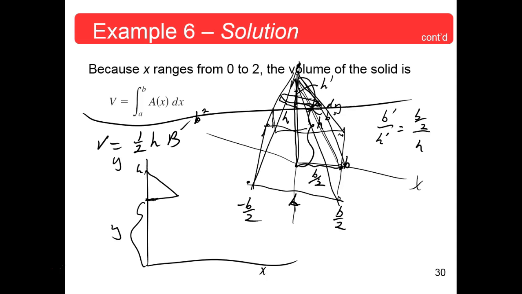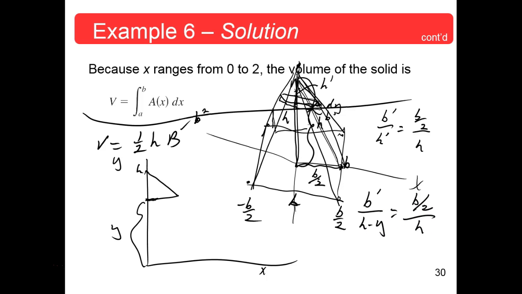So this h prime that we were talking about here is h minus y. Remember? We said that this height prime here, that I called h prime, that is h minus y, whatever the value is. So that's where you get your b prime over h minus y is equal to b over 2 over h.